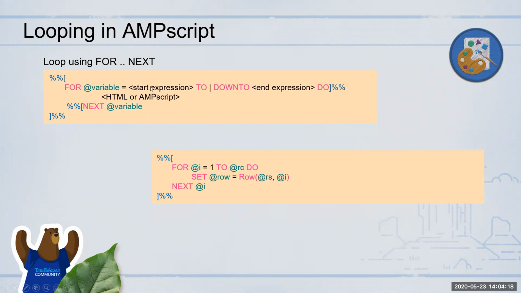So we can pick it as long as that has a valid value that you can evaluate. This can even be a variable. That's why it says a start expression to an end expression.